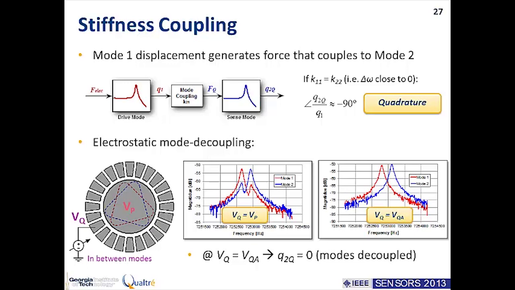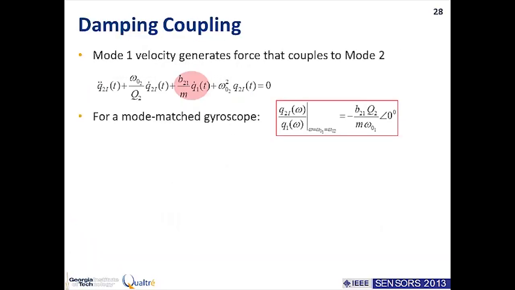So this can be viewed as some sort of misalignment in the part itself. And by applying that electrostatic voltage, you can bring back your part to an aligned mode. And then you can use, as we showed before, a voltage in an electrode aligned with your modes to bring this back to delta F of 0, or frequency split of 0.